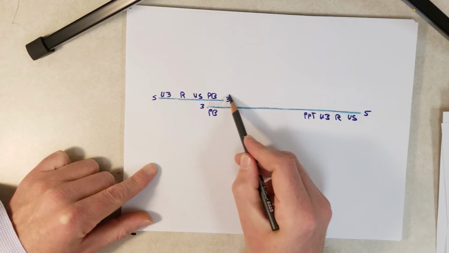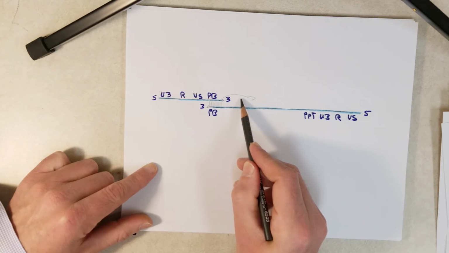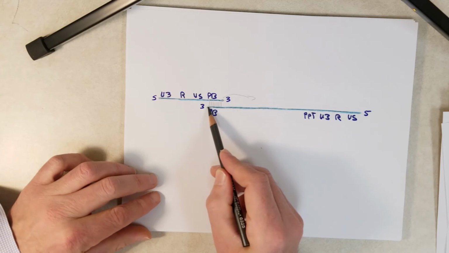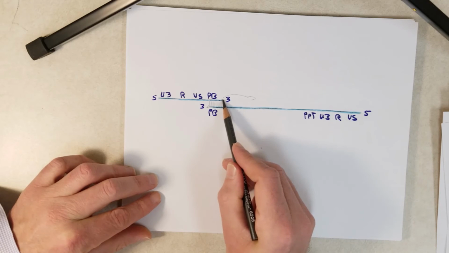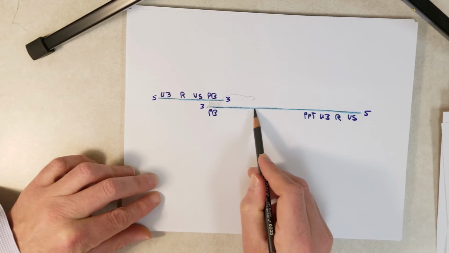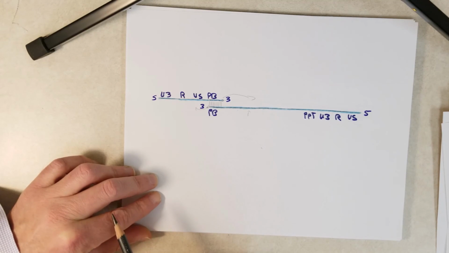So the reverse transcriptase, remember it has a DNA polymerase, it can synthesize DNA using DNA as a template. So this 3' end can be extended using this DNA molecule as a template, and this 3' end right here can be extended using this DNA molecule as a template.